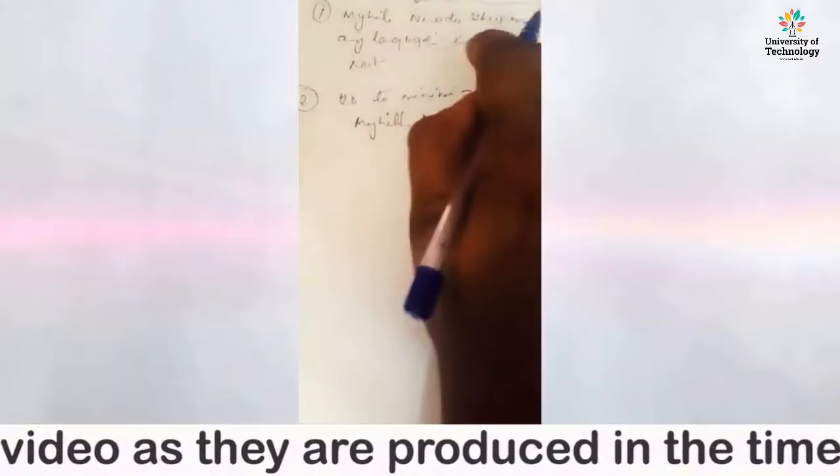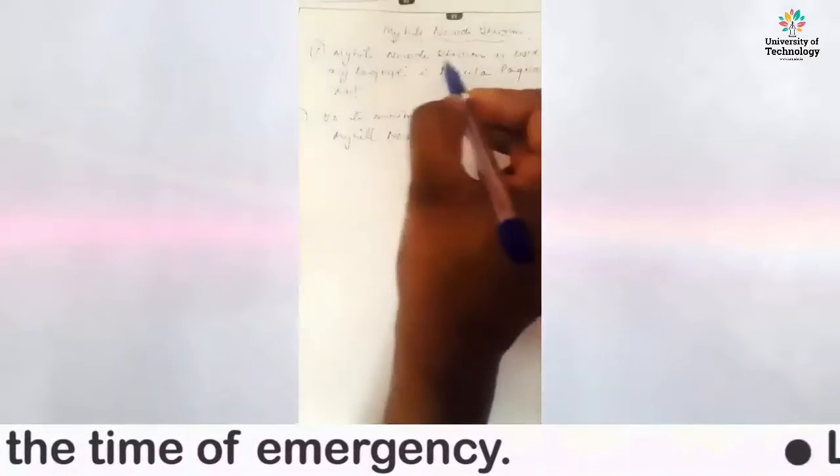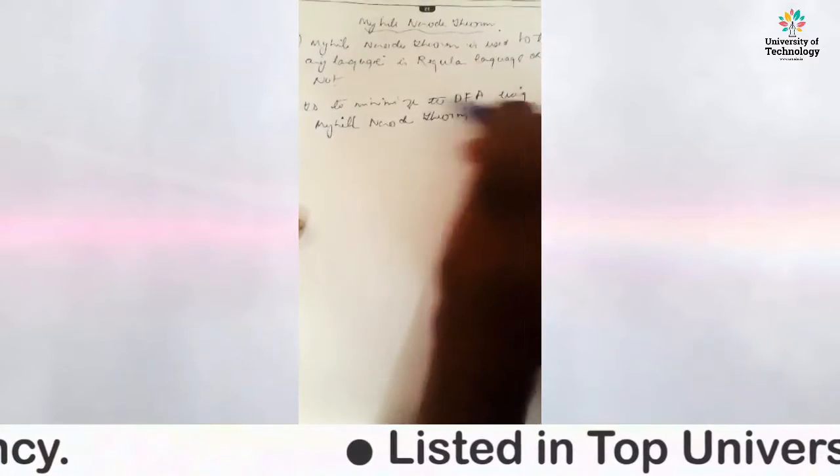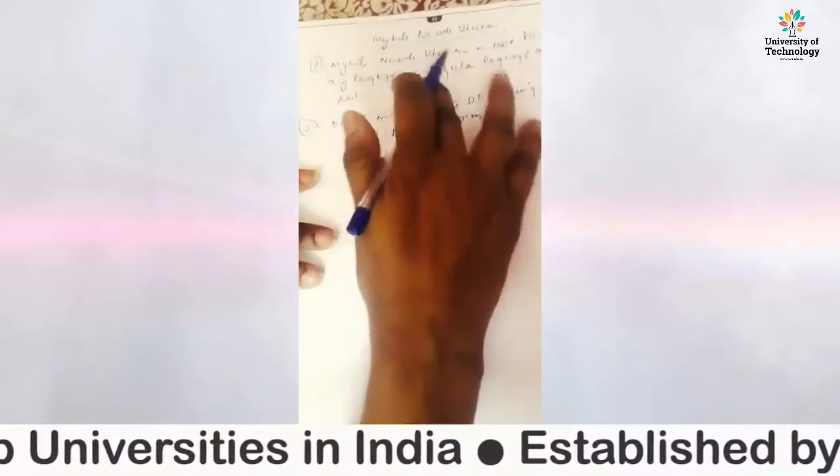So there are two main purposes: we can detect whether the language provided to us is a regular language or not, and we can also minimize the DFA. Now this is clear.